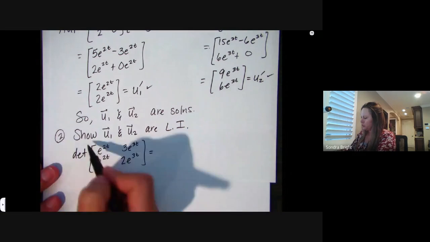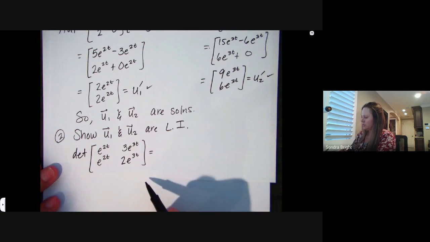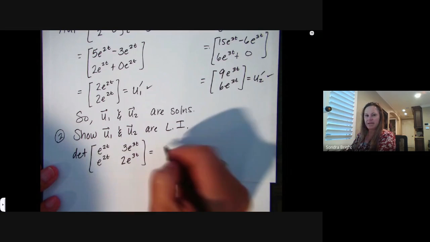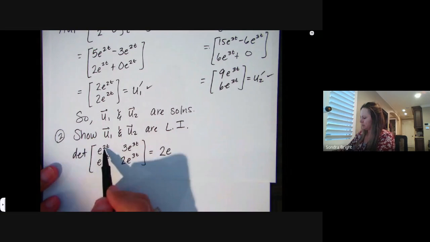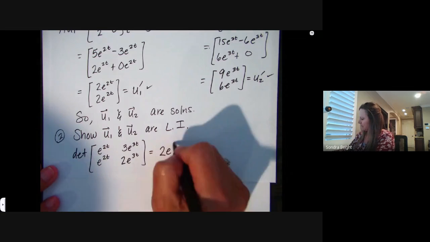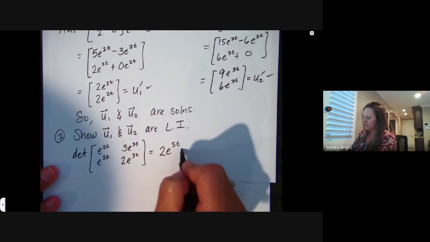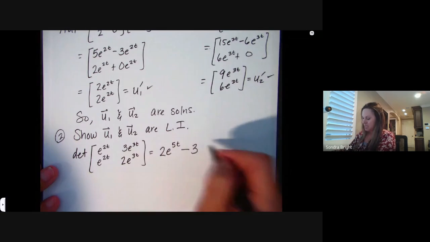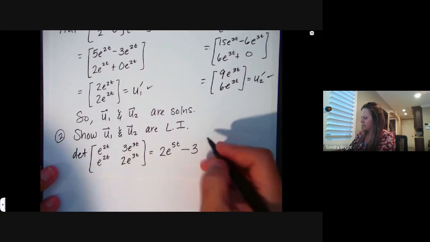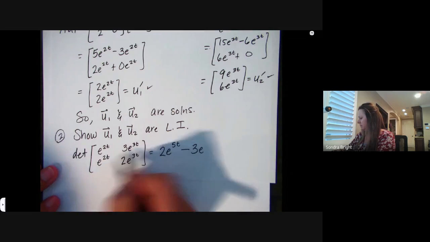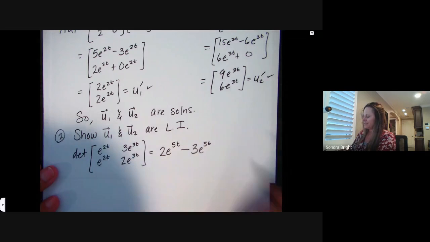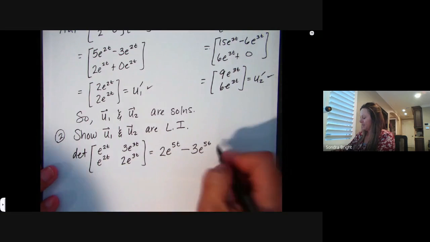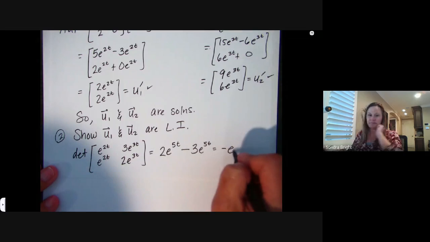So the determinant is multiplying down the diagonal, which is 2e to the 5t, keeping the base and adding the exponents. Then subtract from it the product down the other diagonal, which is 3e to the 5t again. That simplifies to negative e to the 5t.